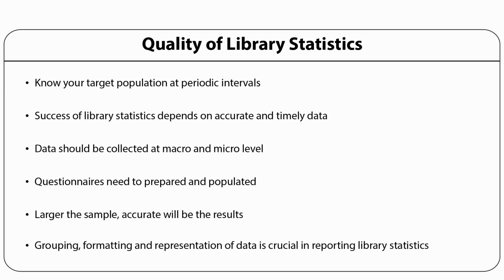All this kind of data should be grouped under circulation, and then you format that data and present it in tabular or graphical form, so that your library statistics become more relevant.